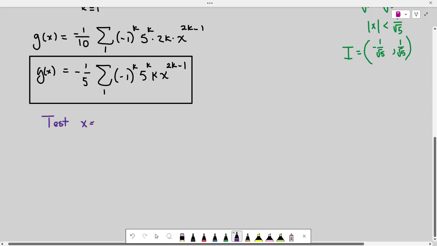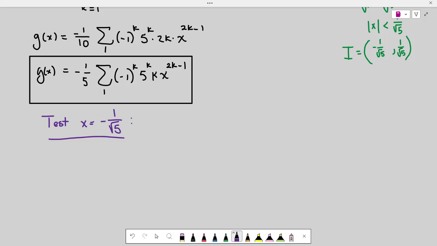So we're going to test x equals -1 over the square root of 5. So that's going in for the x. We don't care about this -1/5 in front. A constant does not change convergence or divergence, so we don't really care about that. So let's focus on the inside.